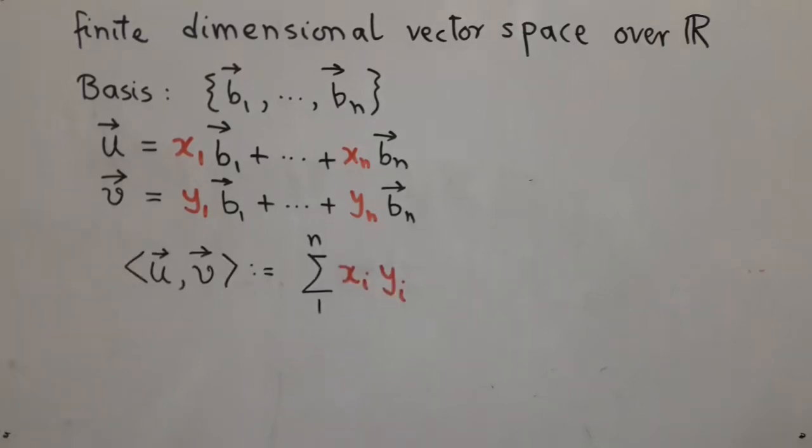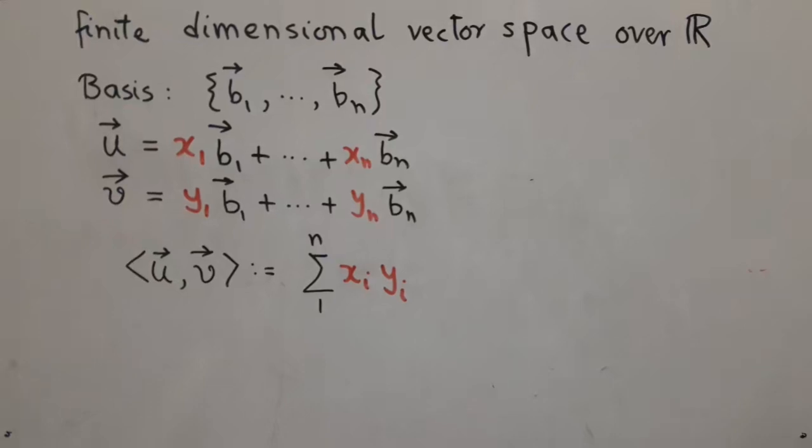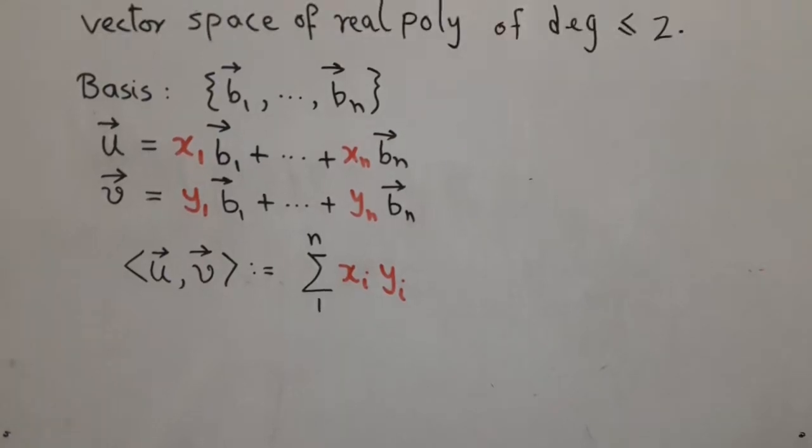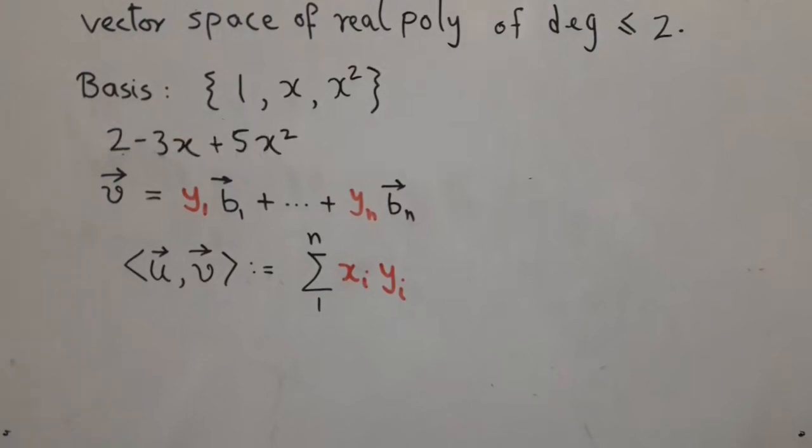Let us demonstrate this with an example. Suppose as our vector space we take the space of all polynomials over R of degree less than or equal to 2. And as the basis we take 1, x and x squared. Next we take two vectors, that is two polynomials. The first one is 2 minus 3x plus 5x squared and the second one is 5 plus x squared.